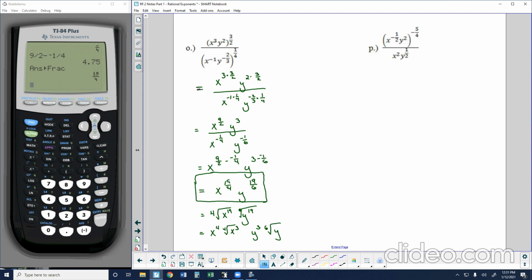Okay, so these are equivalent expressions, but for right now, we're going to go ahead and stop at the rational exponents. So at this point, we have one problem left. We have p remaining. See if you can complete p, and then check it with what we have on the video.